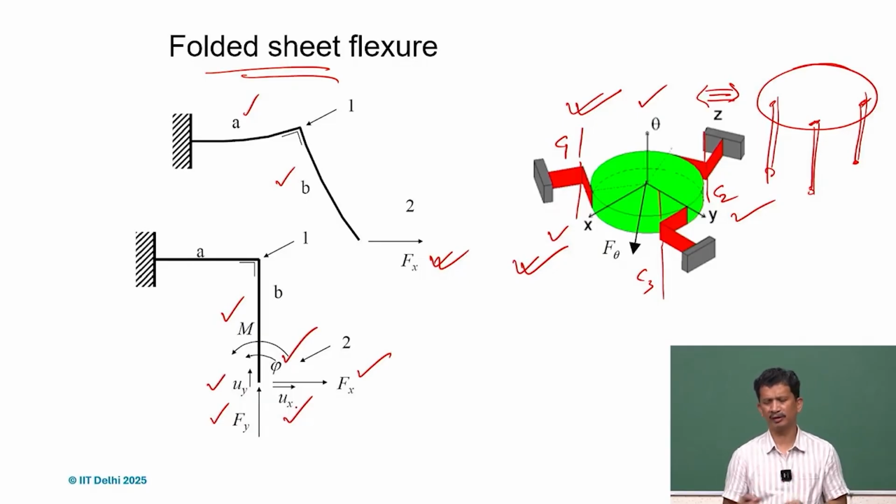Again, this is within the elastic range of motion, so it will always come back. It works as a spring, though it will be non-linear, but if there is a force, there will be deflection. If we remove it, it will come back to its original position.